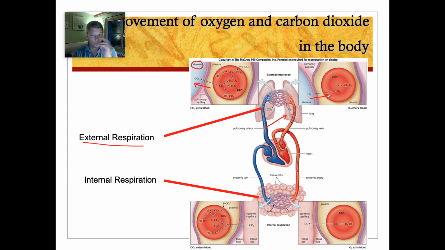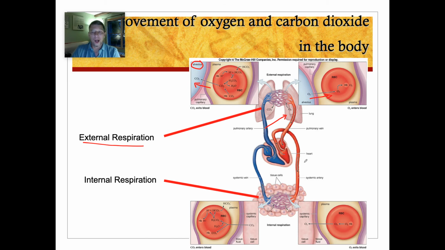When you breathe in, air has a higher concentration of oxygen, and when you exhale, that air has a lower concentration of oxygen. It's not significantly lower, though. It's not like what you breathe in is pure oxygen and what you breathe out is pure carbon dioxide. Your initial breath is about 21% oxygen, and when you exhale, it's about 20% oxygen. So there's a lot of oxygen molecules in each breath that you take.